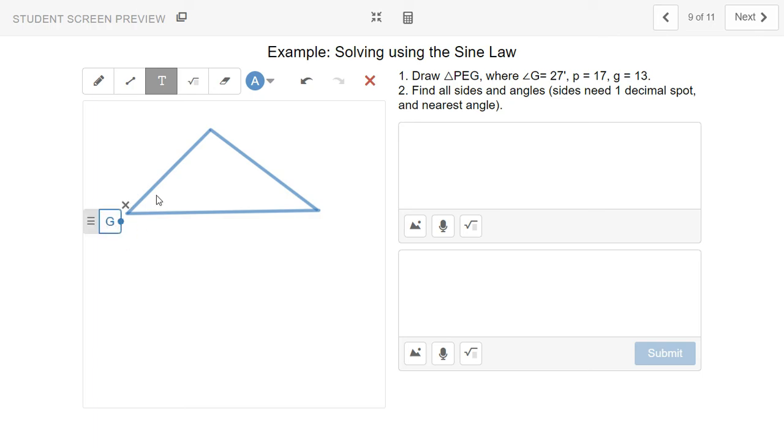We have angle G at 27 degrees. Across from it, little g is 13. Next, we have capital P, and across the way, side P is 17. Lastly, we have E and little e.